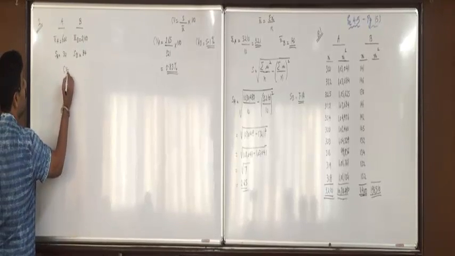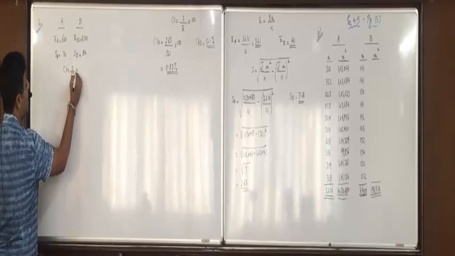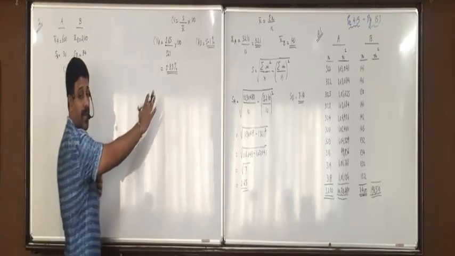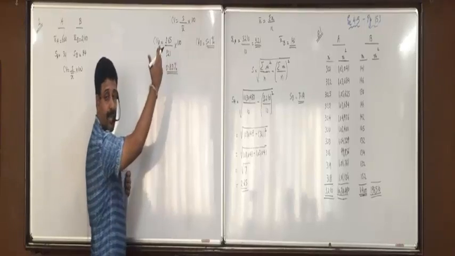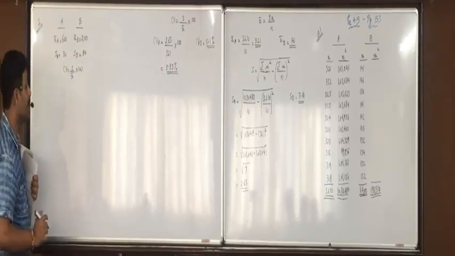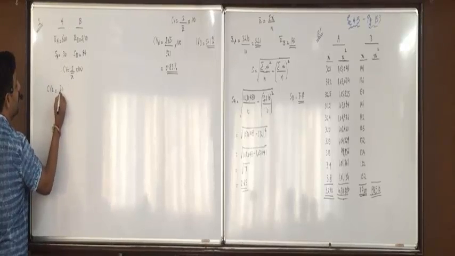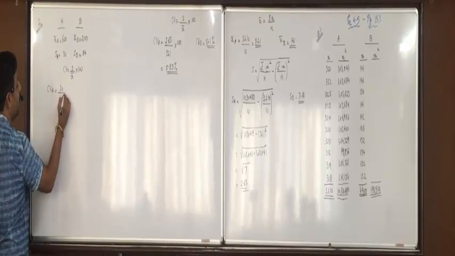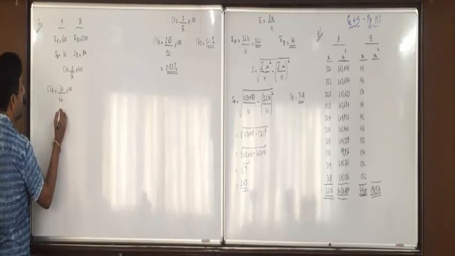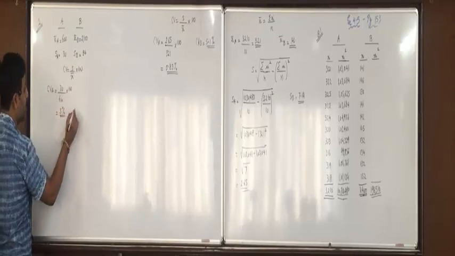So CV equals S upon X bar into 100. Directly, this formula is only to be applied. Standard deviation and X bar are directly given. So CV of A: S 30 upon X bar 600 into 100, 5 percent should be written.